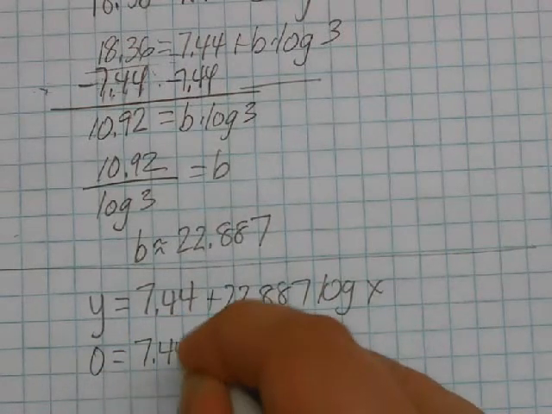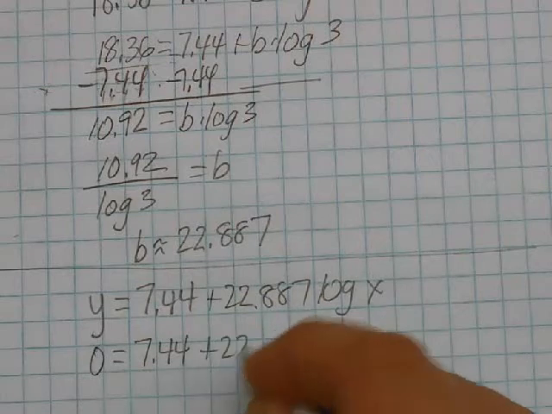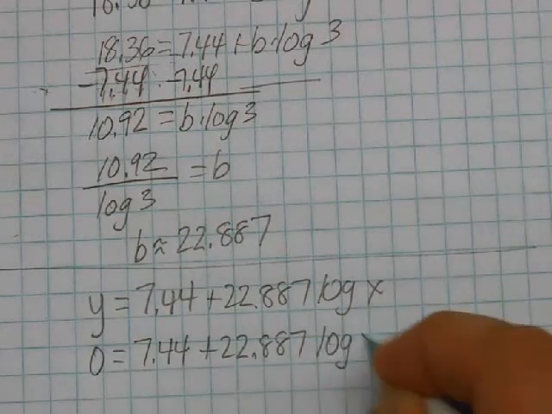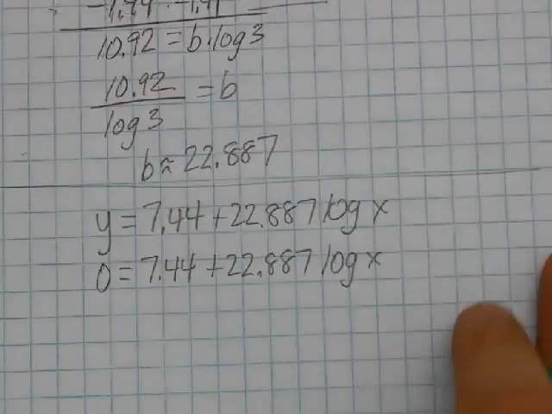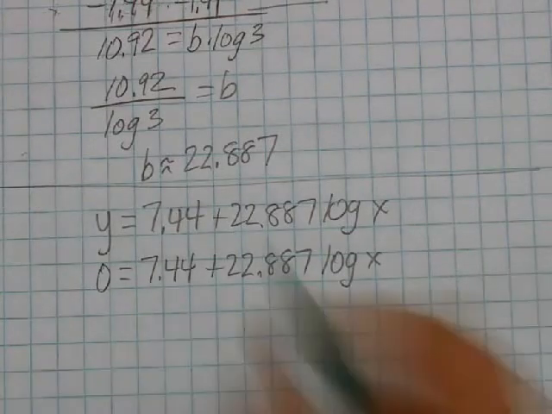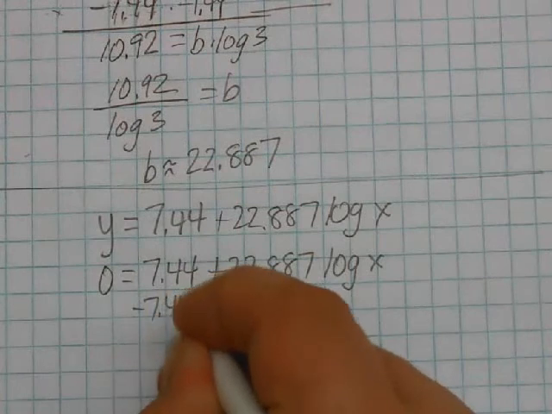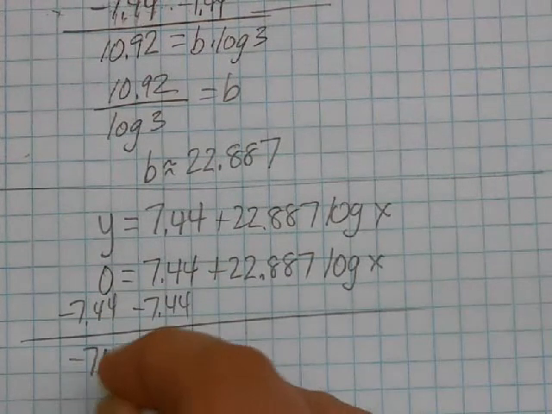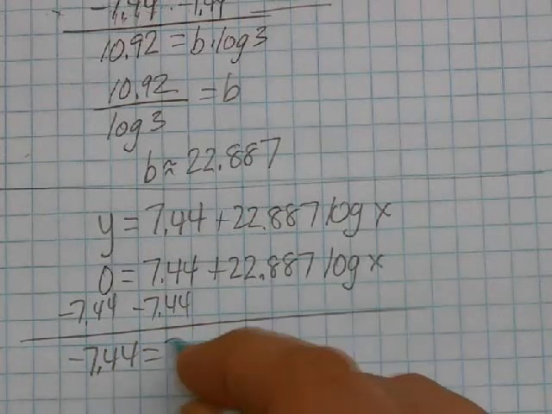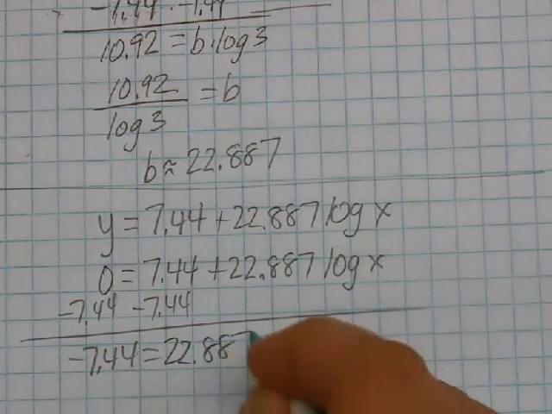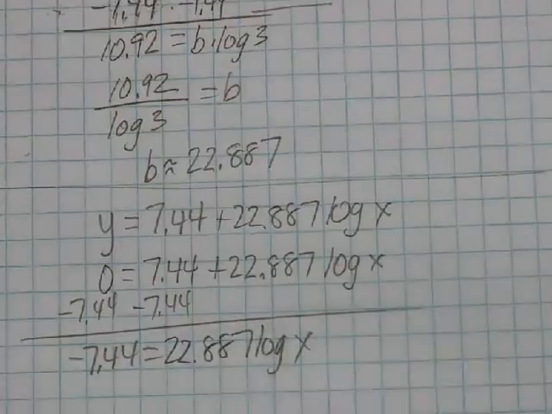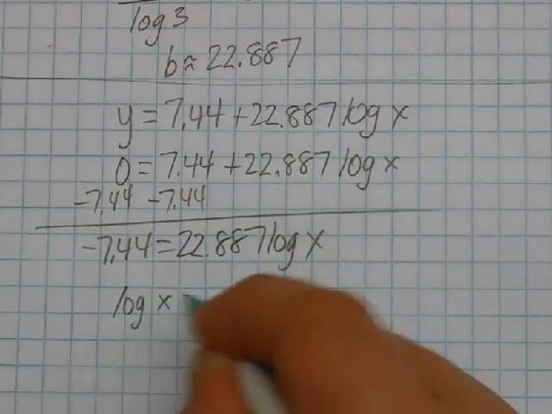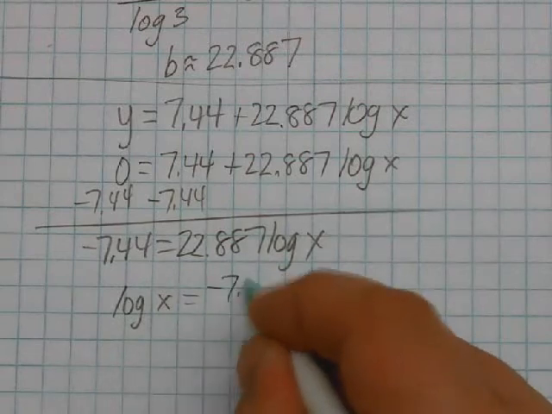Well, we plug that in the equation, and we solve for x. We'll subtract 7.44 from both sides. Negative 7.44 equals 22.887 times the log of x. And we'll divide both sides by 22.887.